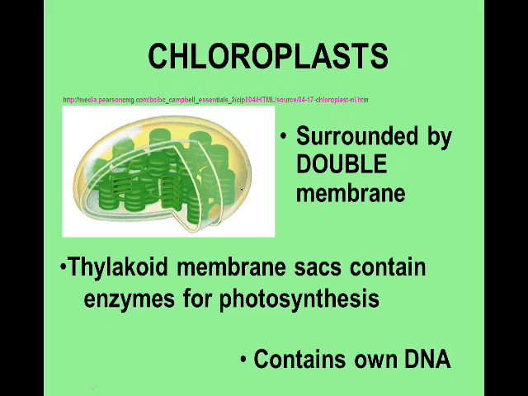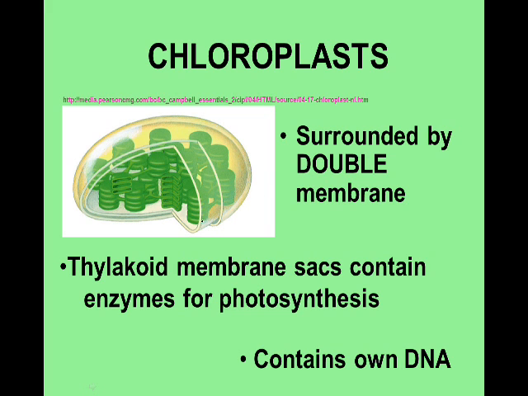This is another cell part that's surrounded by a double membrane. So there's membrane on the outside. There's these membrane stacks inside the chloroplast called thylakoids. The little coins stacked up look like pennies in a stack are the thylakoid membrane sacs, and they contain the enzymes for doing photosynthesis. This is another cell part, in addition to the nucleus, that has its own DNA.